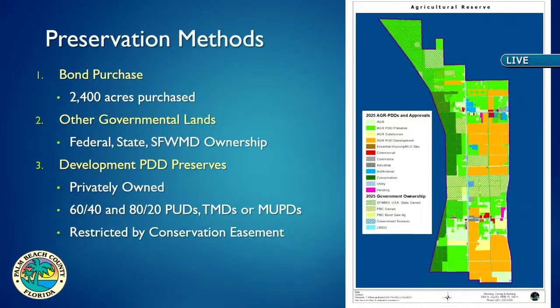Those are under several development options, such as the 60/40 and 80/20 AGR PUDs. Preserve areas are approved through the development orders with these development options and then further secured with conservation easements. If you look at page 5 of the report, there's a more detailed background of the preserve area requirements and changes over time. There's also a snapshot of preservation and development approval statistics from the most recent agricultural workshop with the BCC this past May.